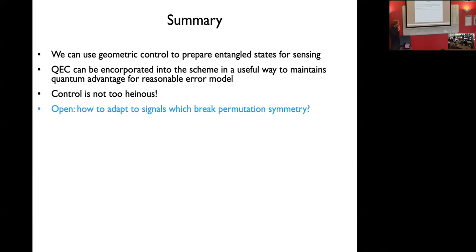For some of these schemes I mentioned for doing the code switching with controlled-NOT gates, there doesn't seem to be a direct transversal way to do it with CNOT gates, but there is a way to do it assisted by the cavity mode. But whether we can make that fault tolerant with a reasonable error model is not totally clear yet.